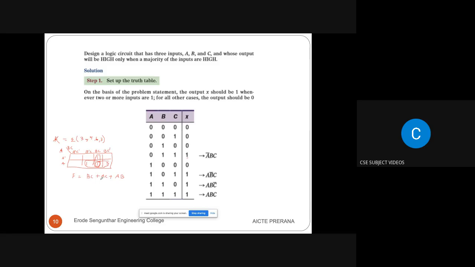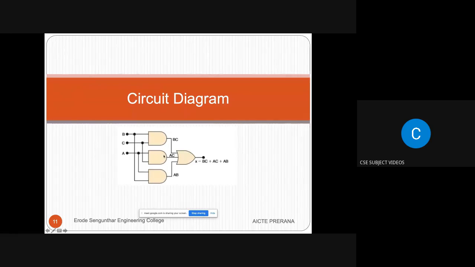After finding the Boolean function, we have to draw the circuit diagram for it. This is the circuit diagram for the Boolean function: 3 inputs A, B, and C, and the output is BC plus AC plus AB.